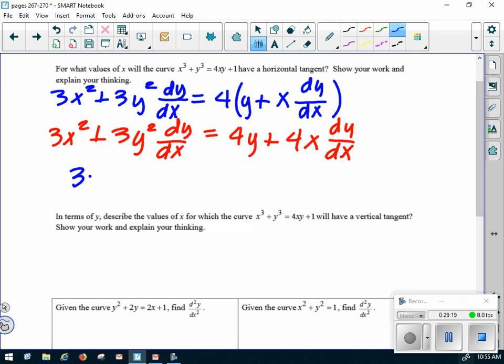I'm going to move them to the left. I'm getting all the dx stuff, so that'll be 3y squared. We're good? Okay.